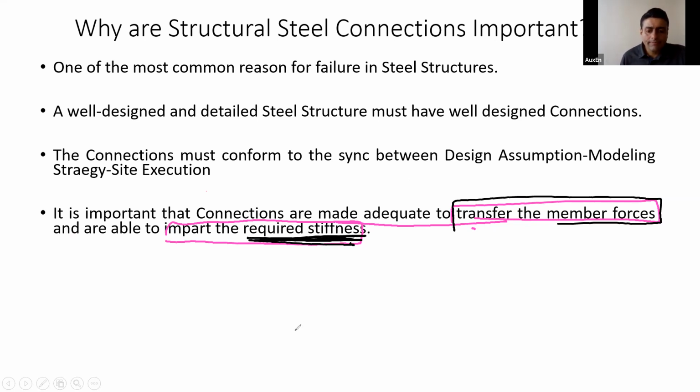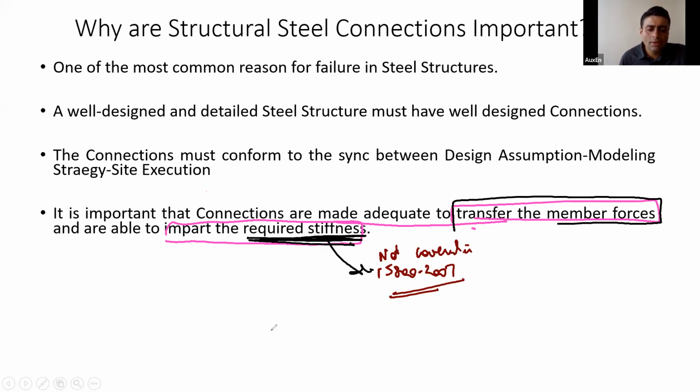We will be stressing on this point about the stiffness that a connection will provide. Quite often this point is ignored, and mostly in IS800, it's not covered properly how much stiffness your connection is providing. It's covered, but not quite well in IS800 2007.